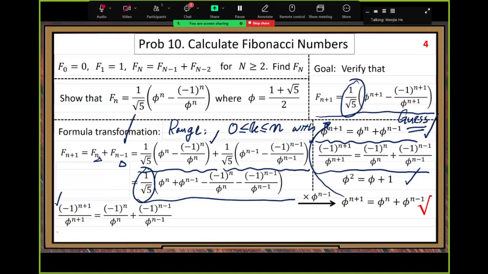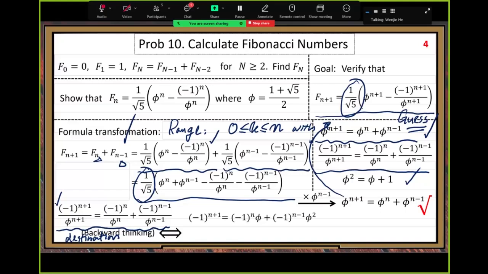Because this expression is our destination, the end of our proof. So we start from the destination, going backward, starting from the end and moving in the backward direction. So we call it backward thinking.